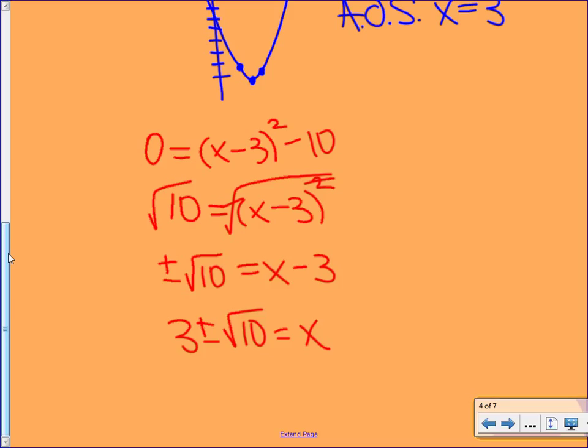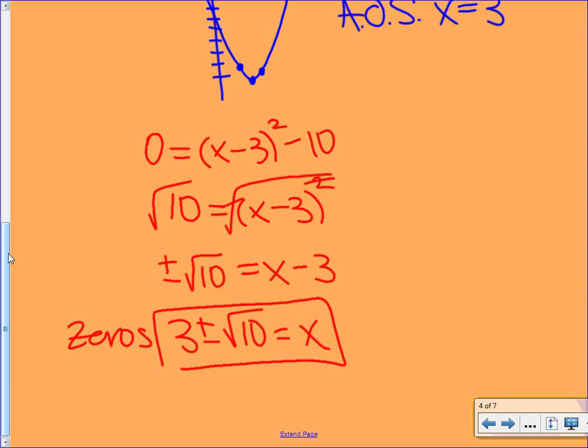Anytime we solve, we have to think about going backwards, right? So if I go from this step to this step by squaring both sides, then positive square root of 10 squared is 10, negative radical 10 squared is 10. Okay, that's why we have to do it. So those would be our zeros.